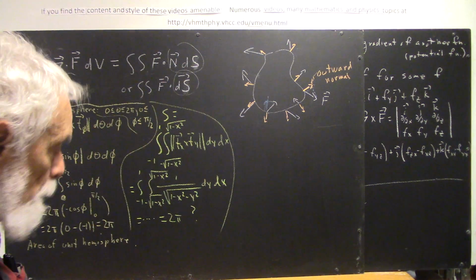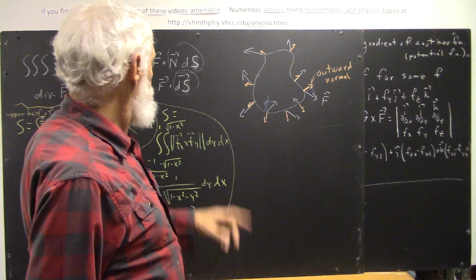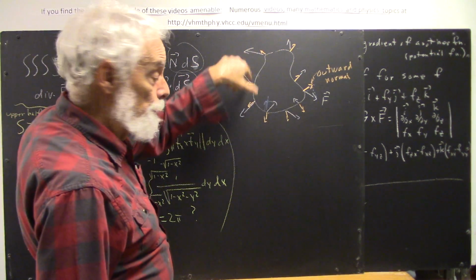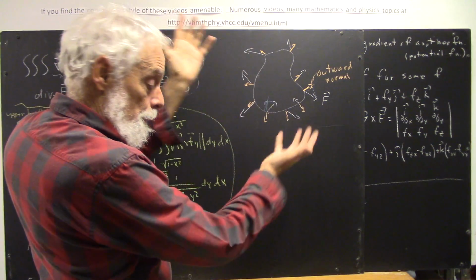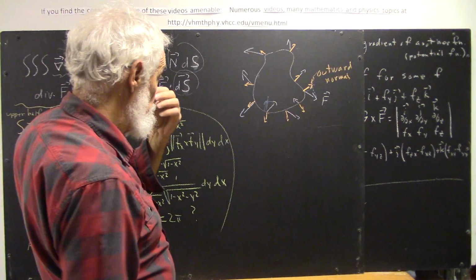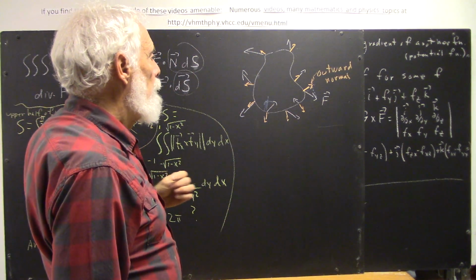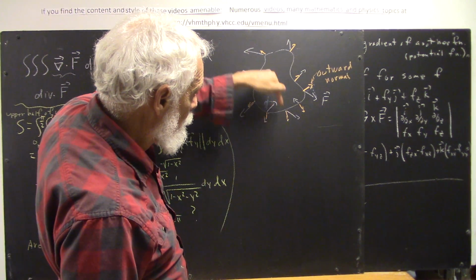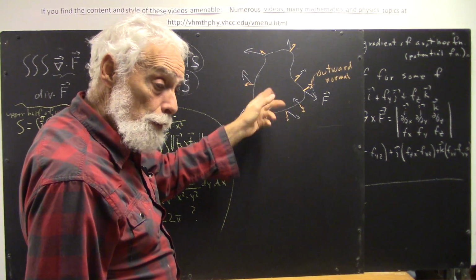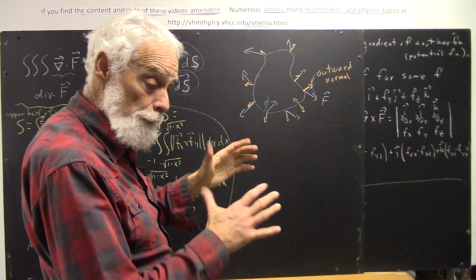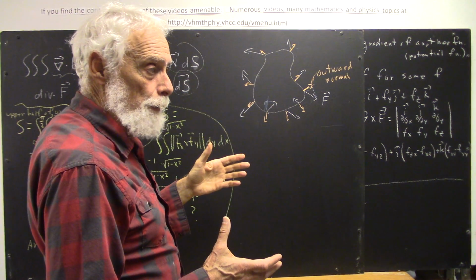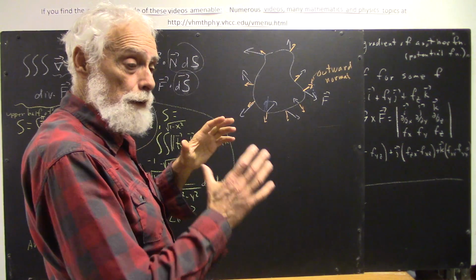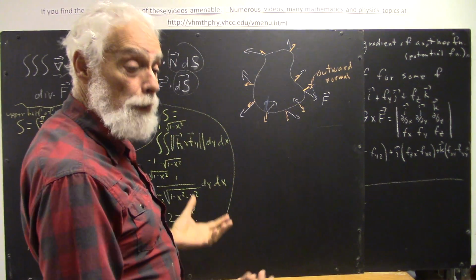A picture of kind of what this means, at least the integral of F dot dS: we've got some surface, and imagine this is part of a surface that comes out into 3-dimensional space. And these orange vectors are outward normals. They're perpendicular to the surface at every point. You could get outward normals by taking the gradient of the function if the surface is expressed as a level curve of a function of 3 variables.